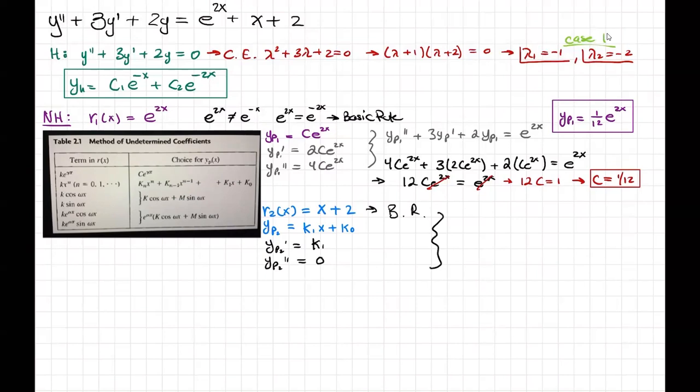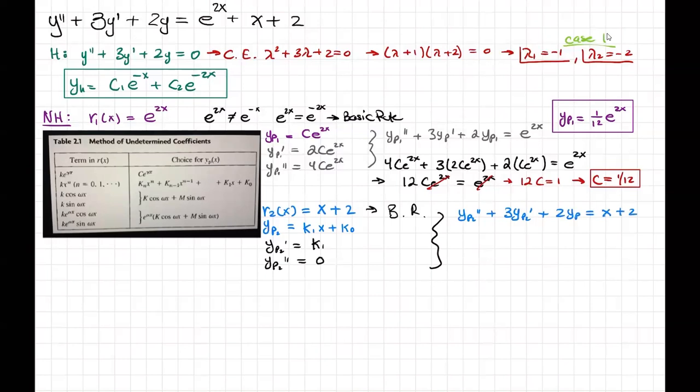So once again, what was our original equation? We had yp2 double prime plus 3yp2 prime plus 2yp equals x plus 2.